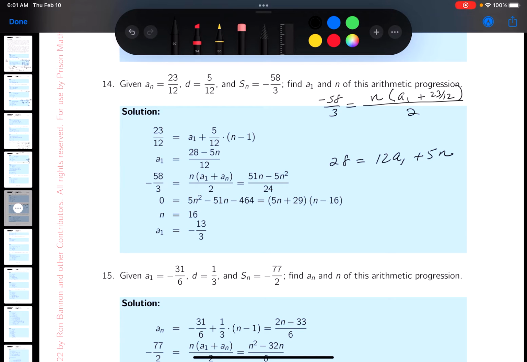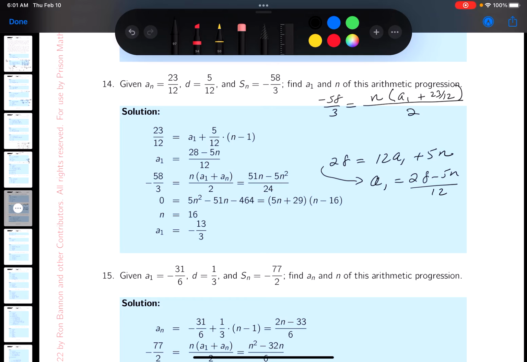All right, so both equations there is 2 equations, 2 unknowns. So what I really need to do is make a substitution. I'm going to take the first equation I derived and solve it for A1. And what would that give me? 28 minus 5N over 12.